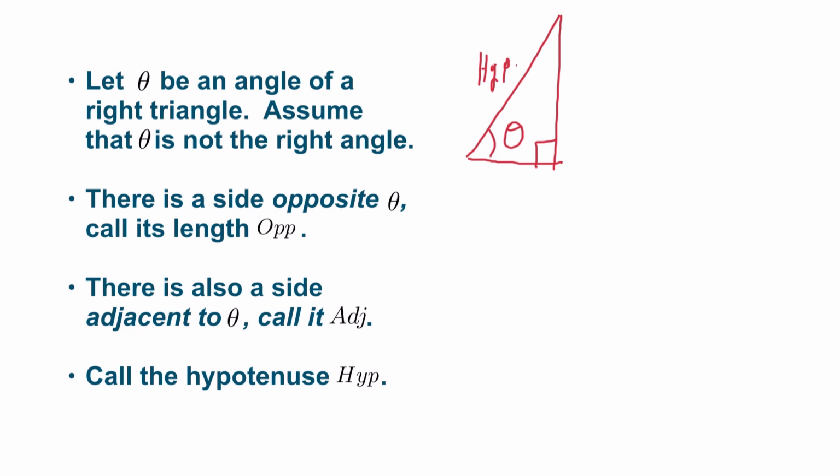We'll call the side directly opposite theta opposite, or OPP, just shorthand for opposite. And the side that is adjacent to theta, the remaining one, we'll call ADJ, adjacent.